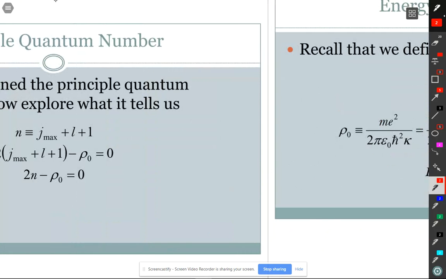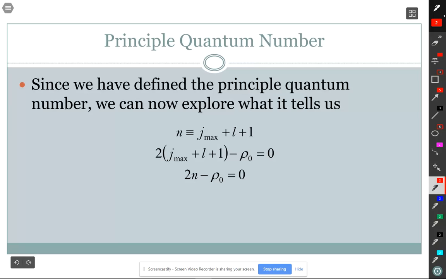Okay, so backing up, we had our restriction on j. We said j has to terminate, and we set n to be related to the termination: j max plus l plus 1 is equal to n. And so that gave us a relationship between that n term and rho 0.